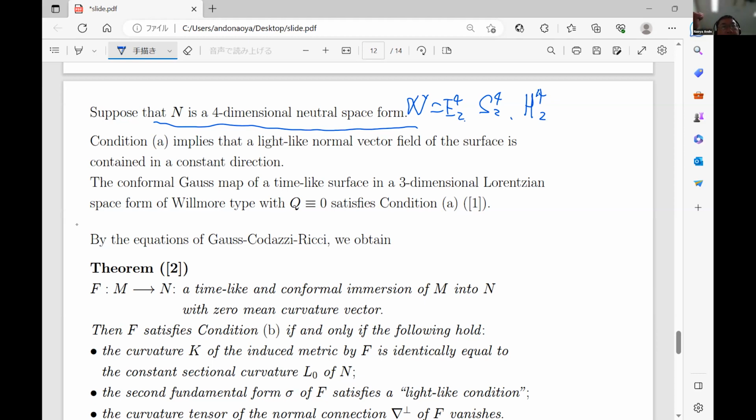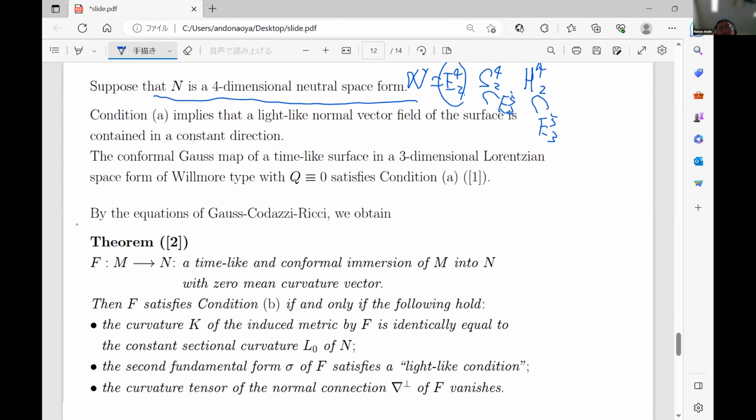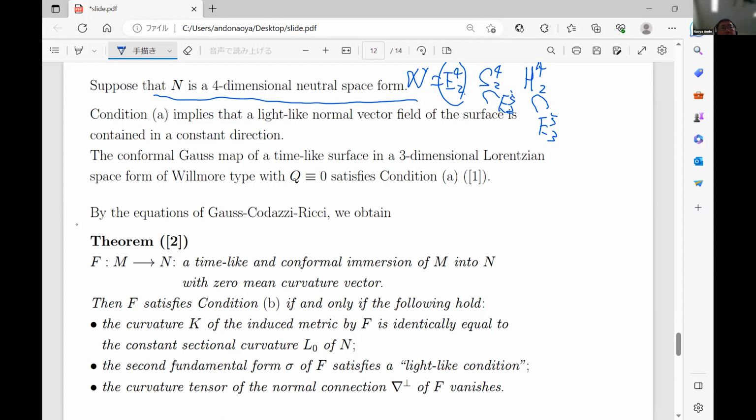Condition A implies that a light-like normal vector field of the surface is contained in a constant direction. A constant direction is considered to be E^4_2 or E^5_2 or E^5_3. The conformal Gauss map of a time-like surface in a three-dimensional Lorentzian space form of Willmore type with zero holomorphic quartic differential satisfies condition A.